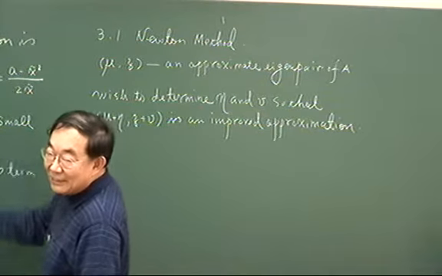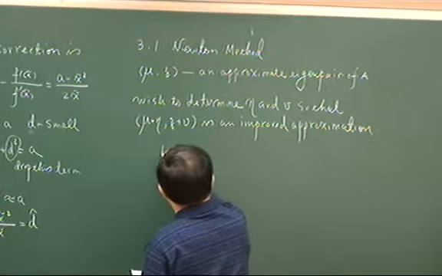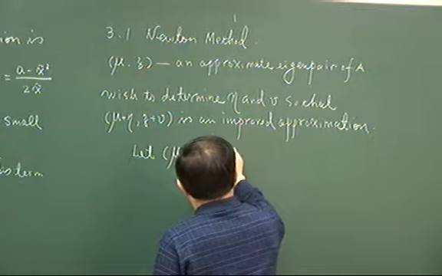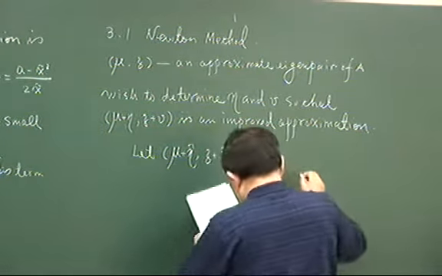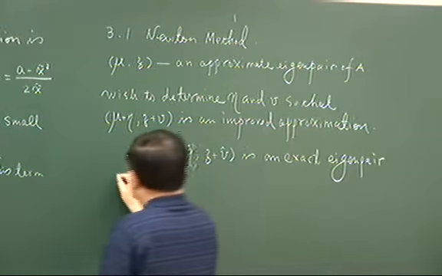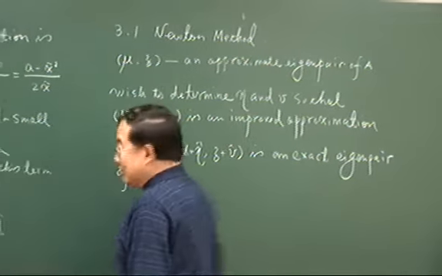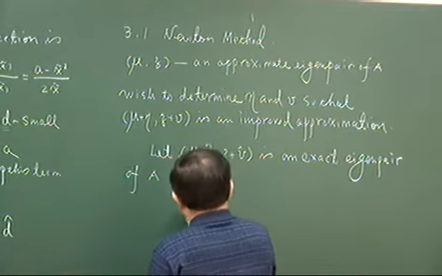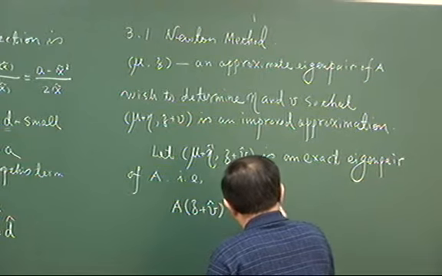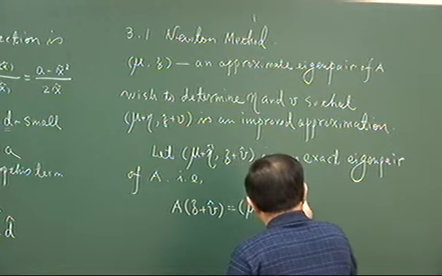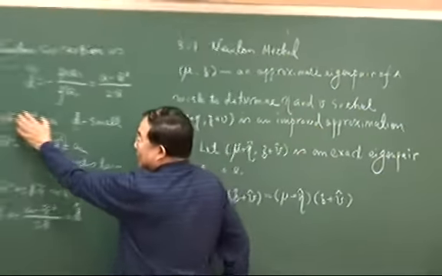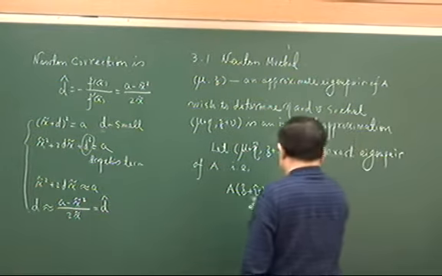Now, in a similar way, we let mu plus delta mu hat, z plus v hat be an exact eigenpair of A. That is, A times (z plus v hat) is equal to (mu plus delta mu hat) times (z plus v hat). We expand this one.